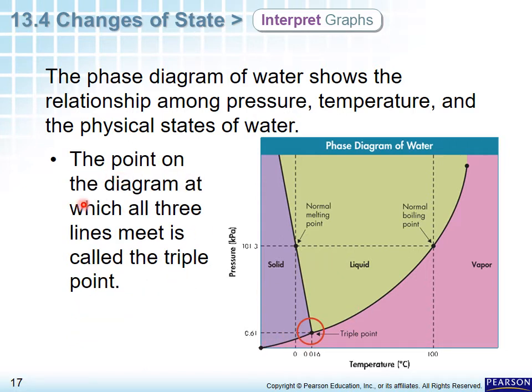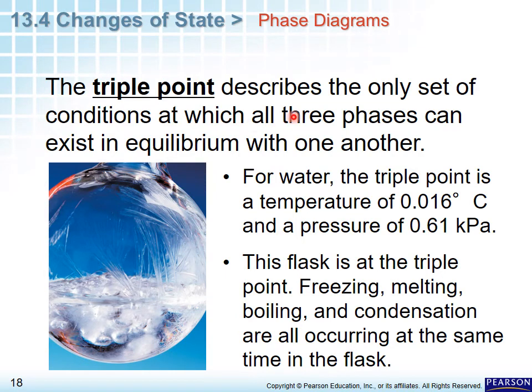Now the point on the diagram at which all three lines meet is called the triple point. So here this is called the triple point, where all these three lines merge. The triple point describes the only set of conditions at which all three phases can exist in equilibrium with one another.